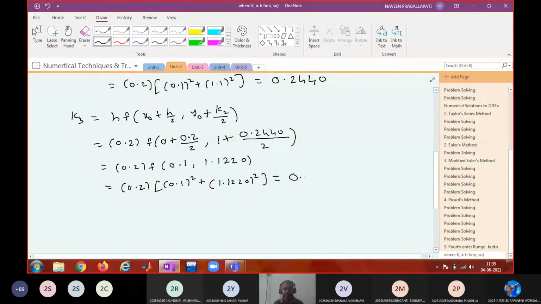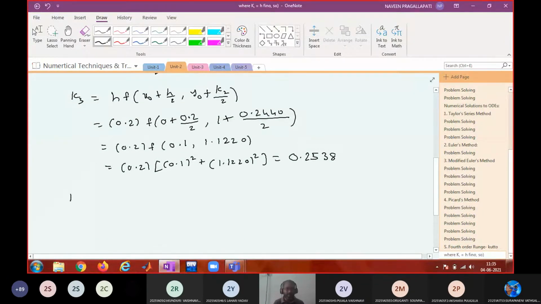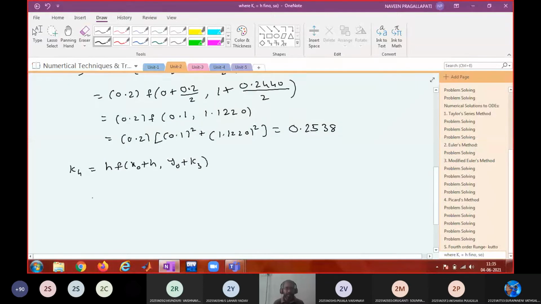0.2538. Okay, so if it is 0.2538, then find out K4. K4 is h into f of x naught plus h, comma y naught plus K3. Substituting the values, this is 0.2 into f of 0 plus 0.2, comma 1 plus 0.2538.